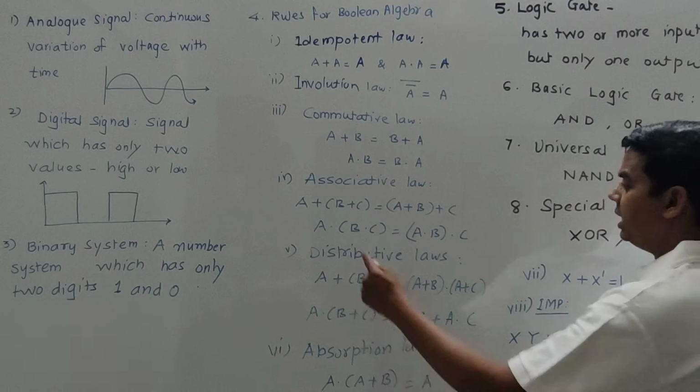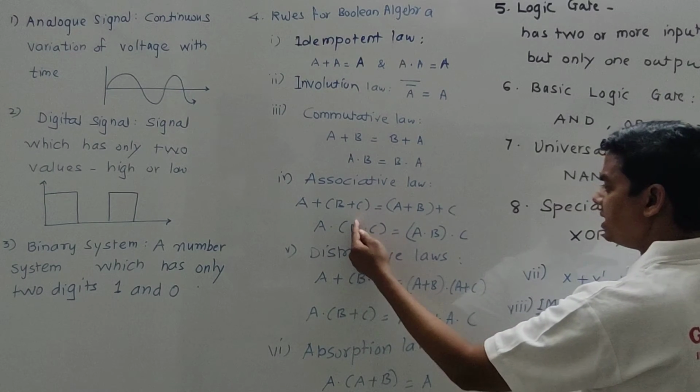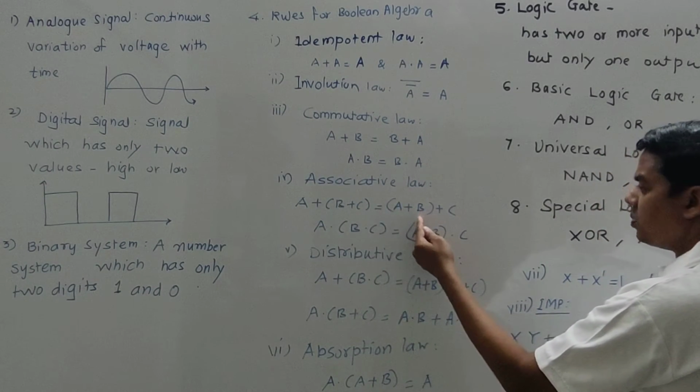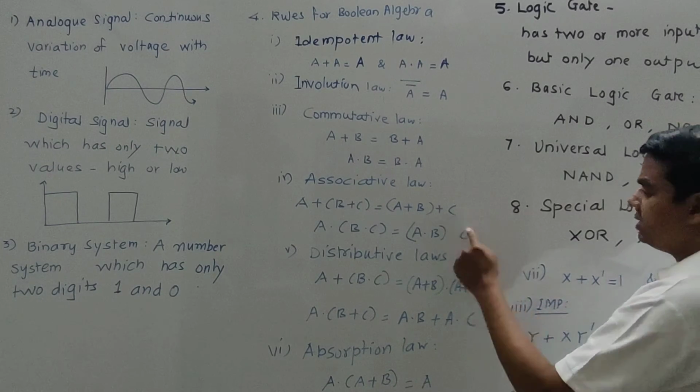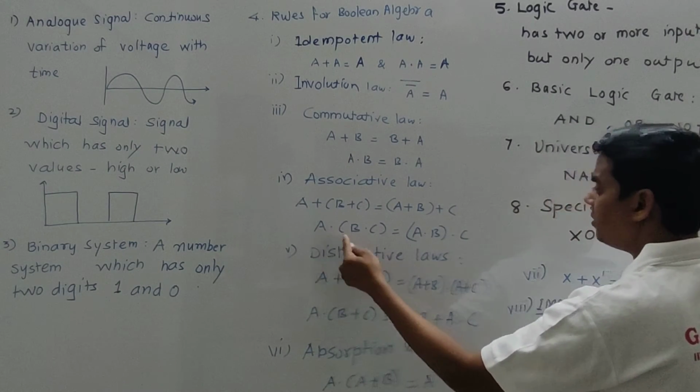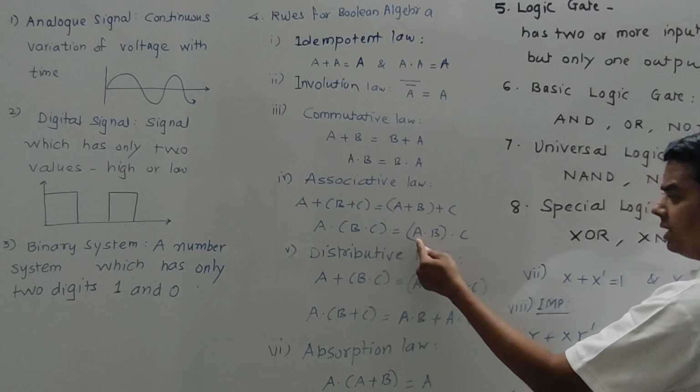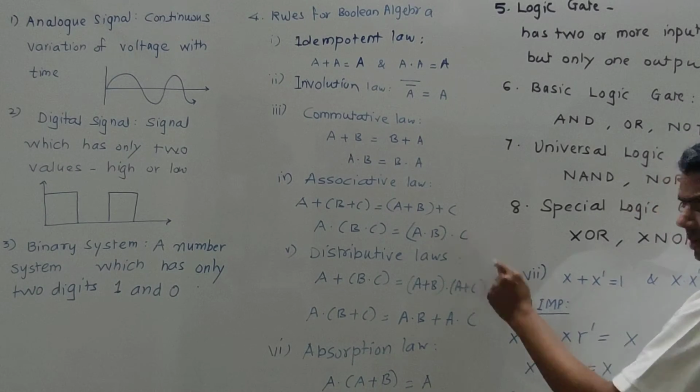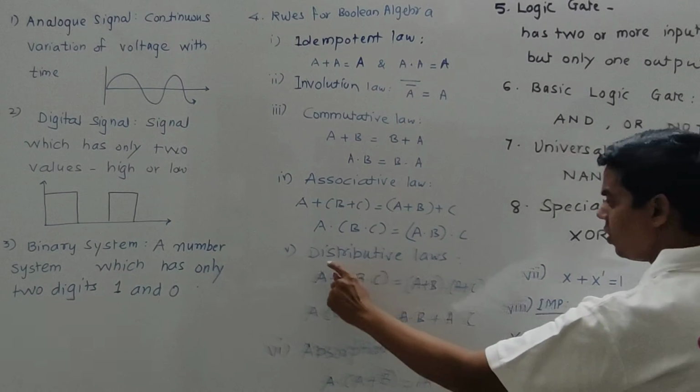Associative law. A or B or C can be written as A or B or C, grouped in any way. In the same way, A and B and C can be written as A and B and C. Distributive laws.